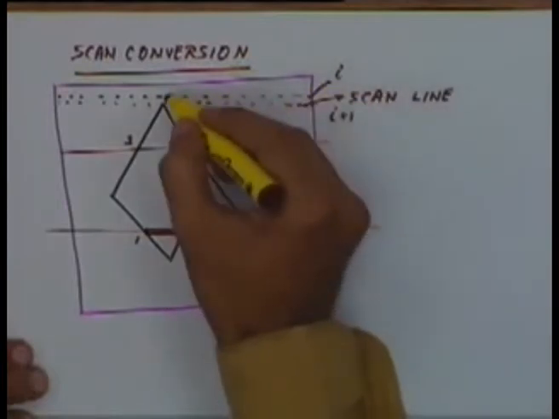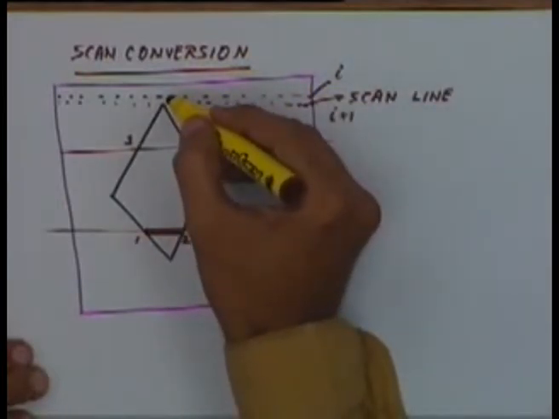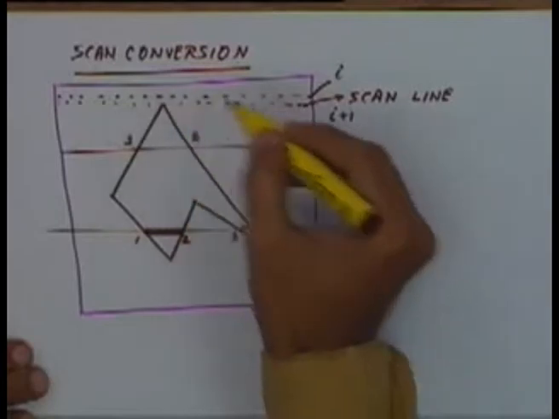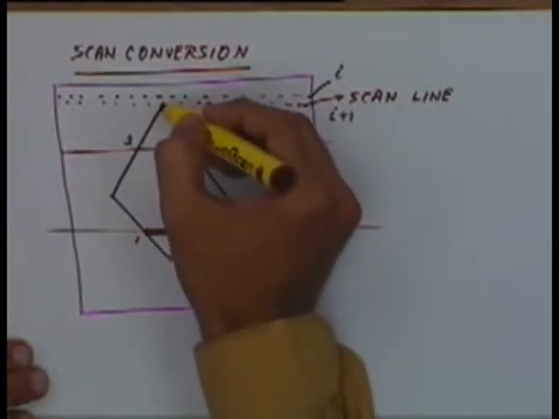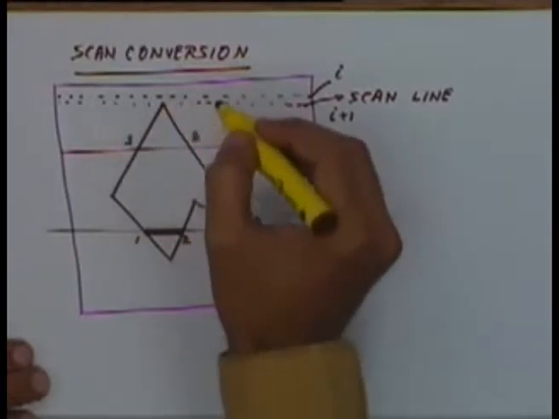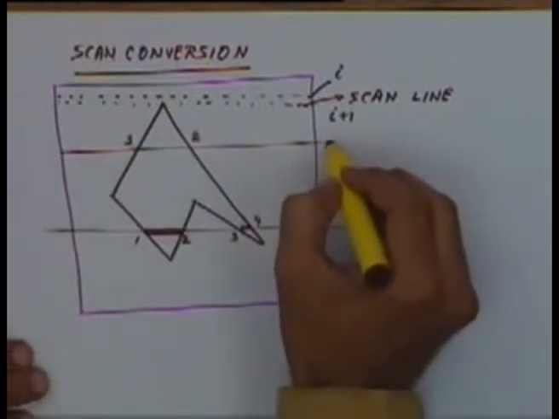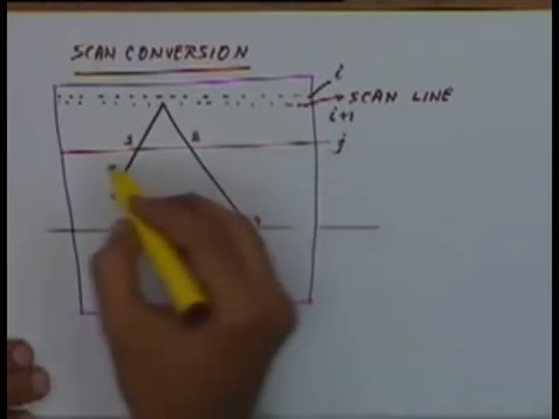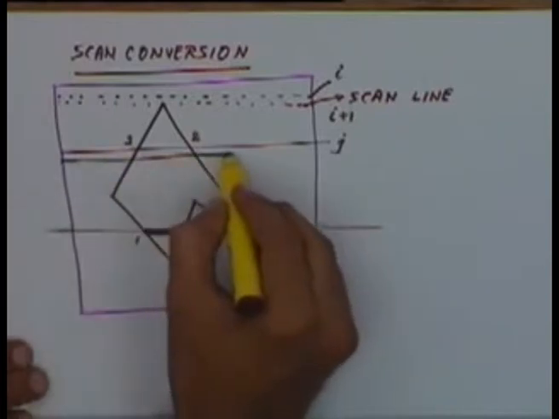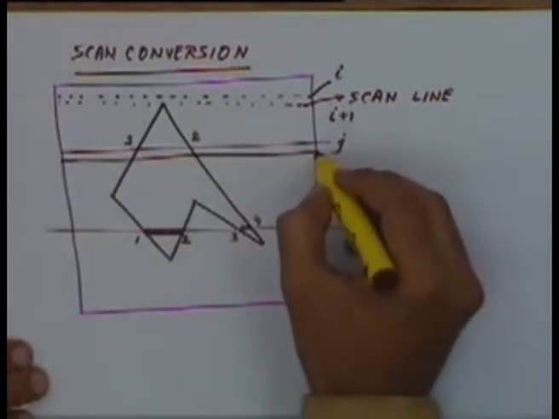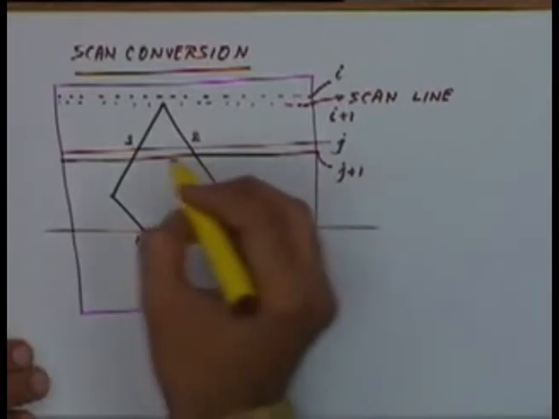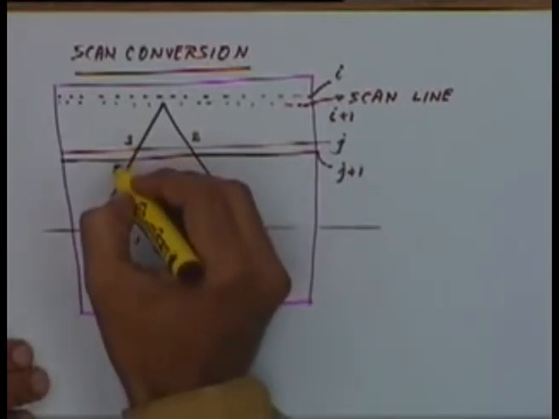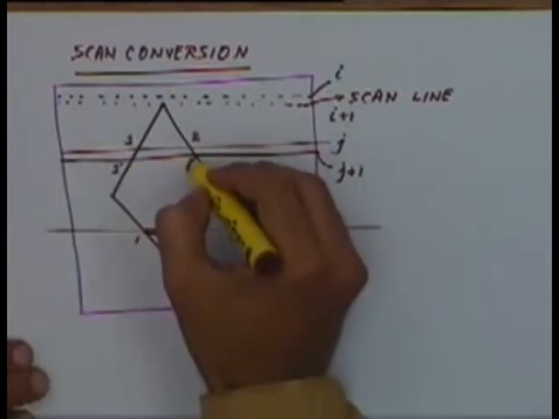In scan line number i, no pixels are inside the polygon, but on scan line i plus 1 we have a vertex which is there on this scan line. Okay. If I am on this scan line, let us say which is scan line number j, and I go on to a new scan line, which is scan line number j plus 1, this point 1 is being modified to 1 prime and this 2 is being modified to 2 prime.